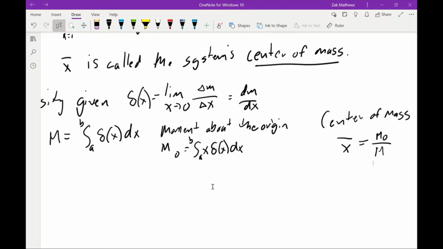What we want to do, we are going to find the center of mass of a linear wire given the interval and given its density.